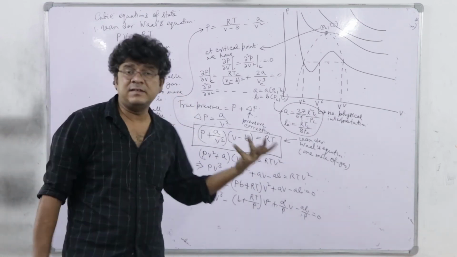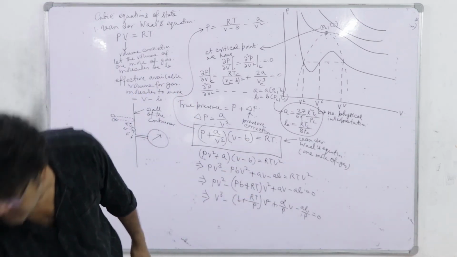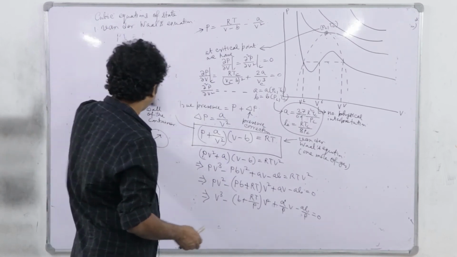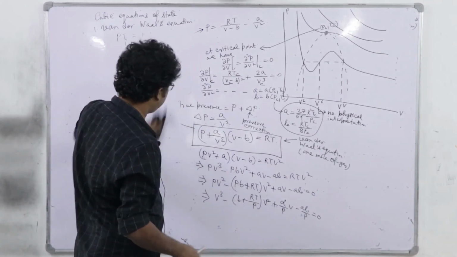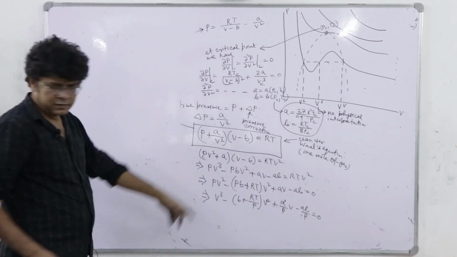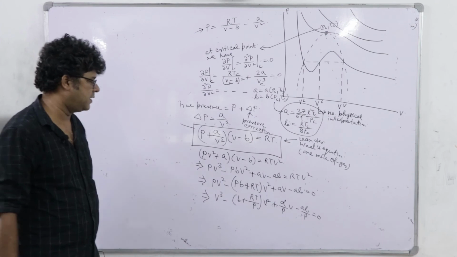However, there is an algebraically much easier method, right, and it is interesting to understand that method. So, you see we have the cubic equation of state. Okay.